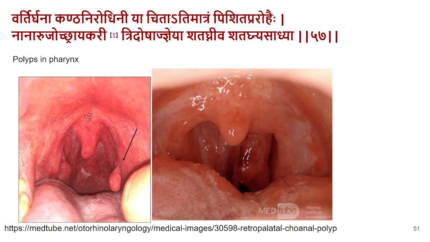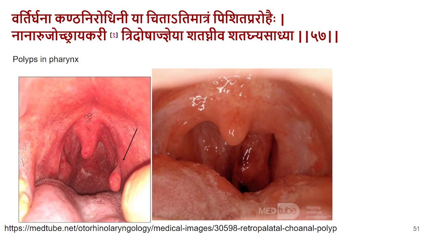It's often considered maybe a pre-malignant condition or possibly an early malignancy, where there will be finger-like projections anywhere in the gastrointestinal tract, and in the pharynx also the same can occur. And when it occurs in the pharyngeal area, Sushruta has considered them as shatagni, which can produce obstruction.